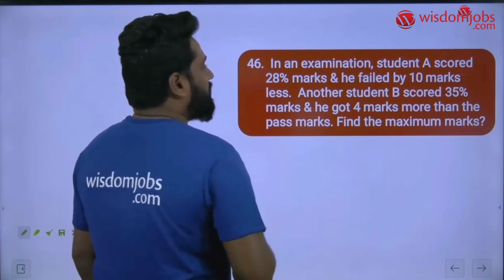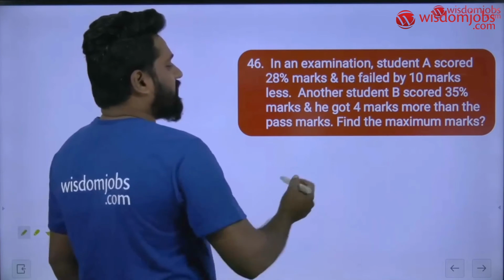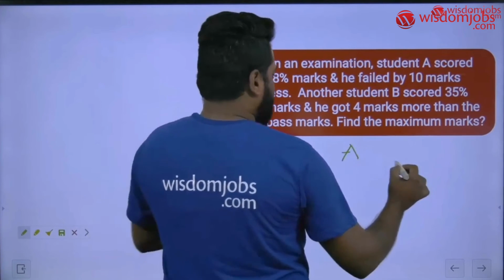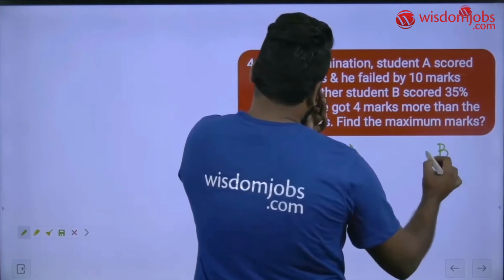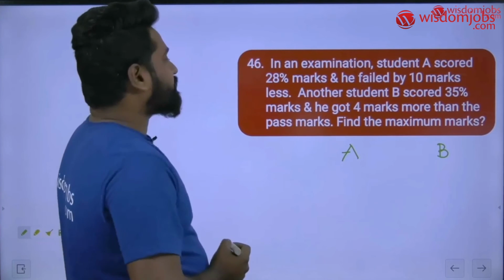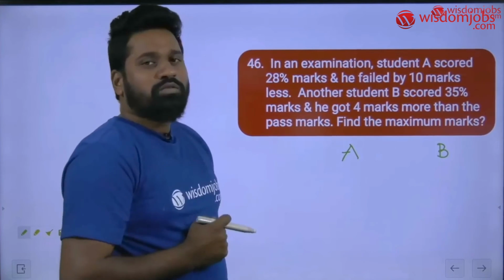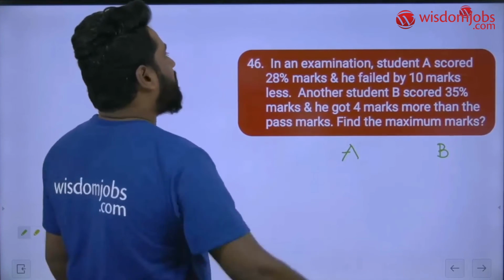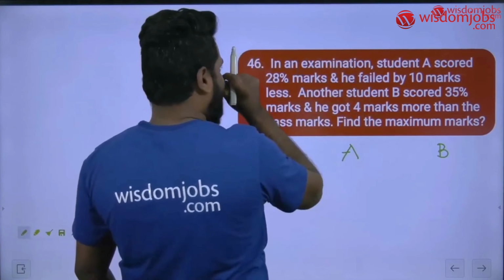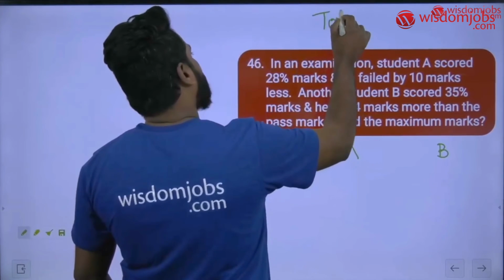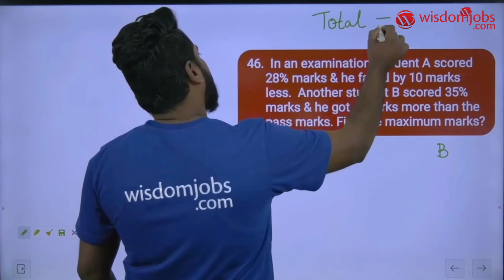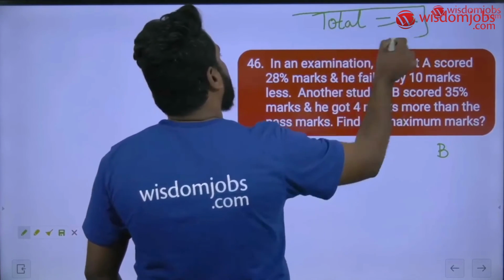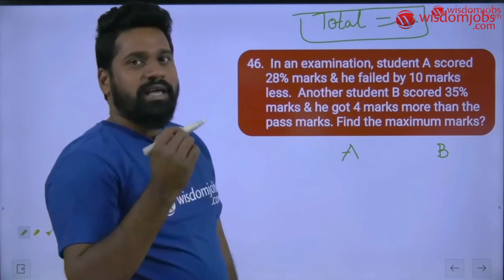First one, student A, you can write. Second one, student B. A scored 28% of the marks. For example, you can write here total marks is equal to x. This is the general method. First observe this one. Total marks is x.